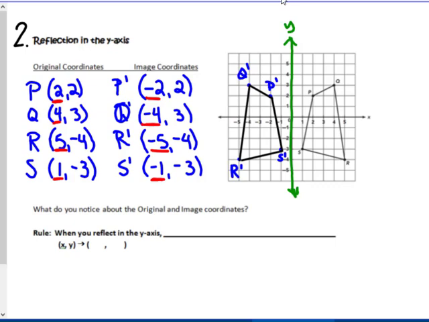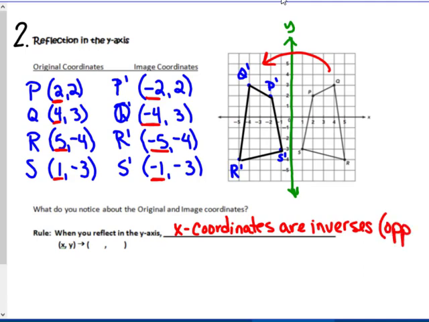So when we're going over the y-axis, our x coordinates are inverses or opposites. And our y coordinates remain the same.